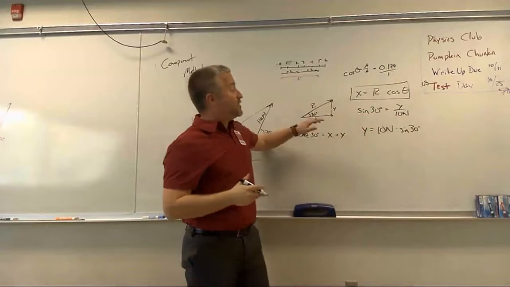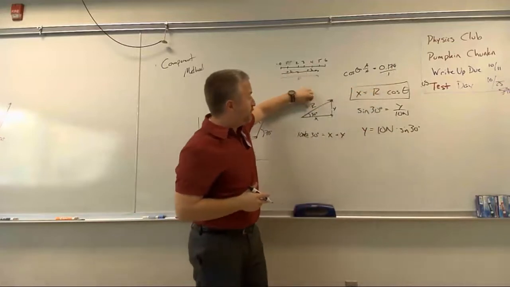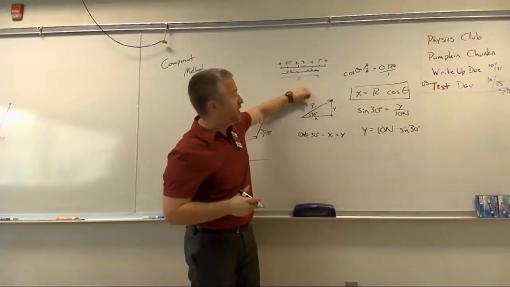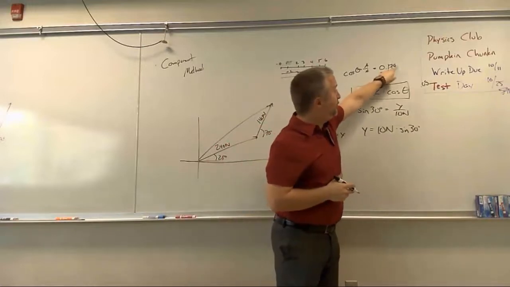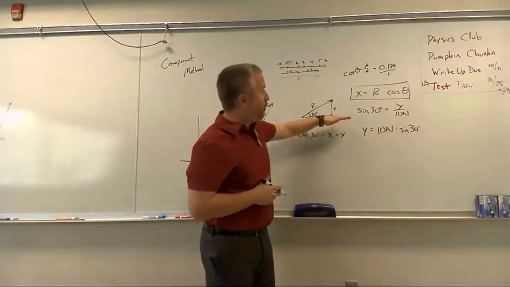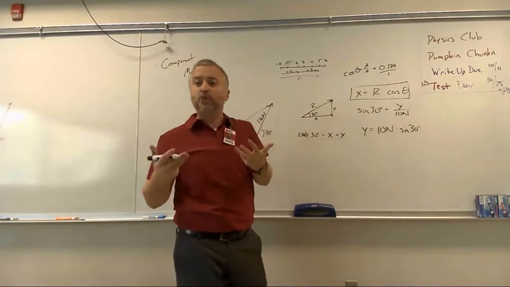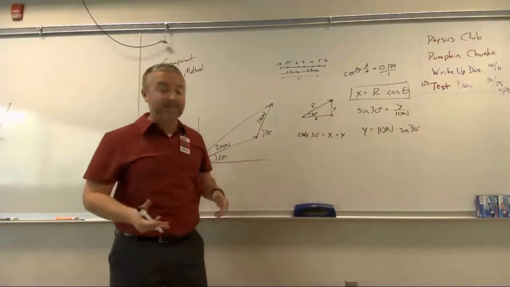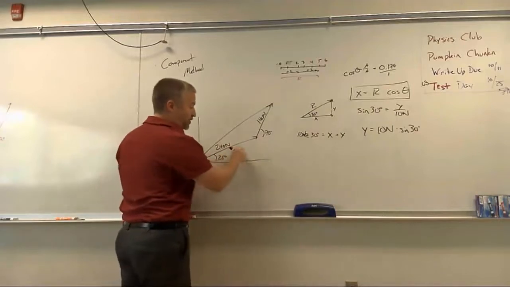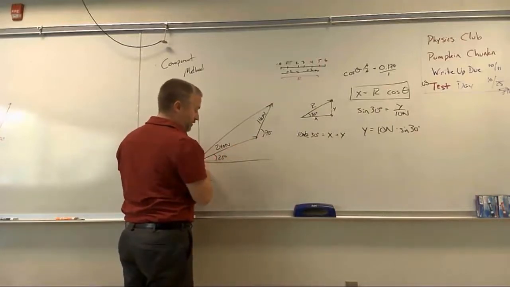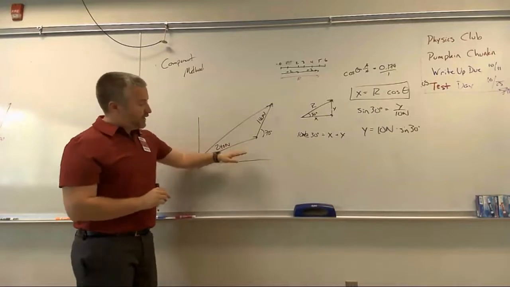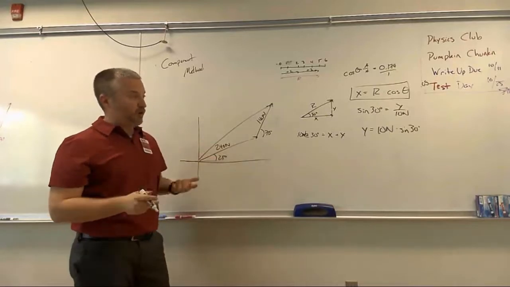What that says is 100%, if 100% is r, then 17.4% of that is going to go onto the x-axis. So in this way, I can use trig to figure out how much of this vector travels along the x and how much travels along the y.